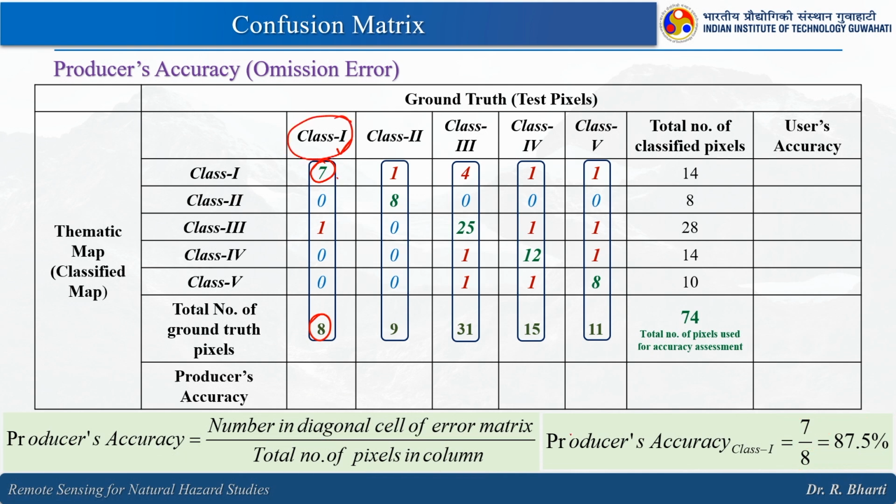If I have generated this classified map, then I become the producer. So as a producer, I have produced 87.5% accurate result for class 1.